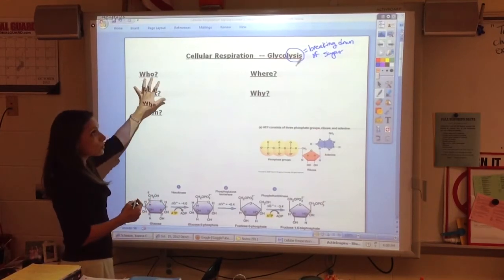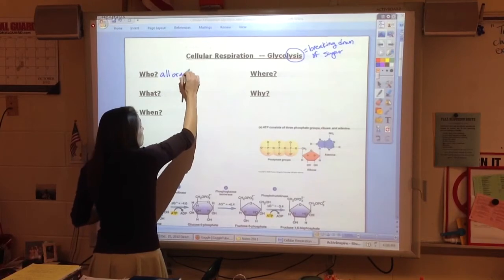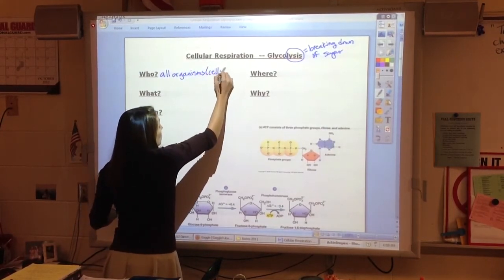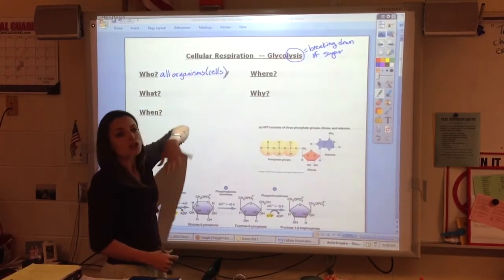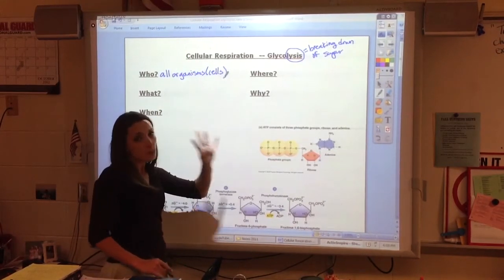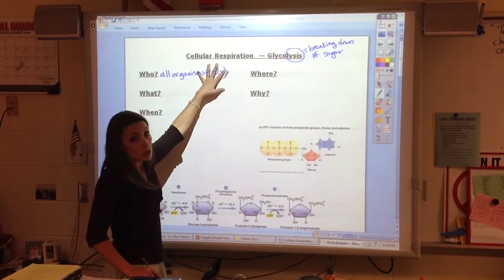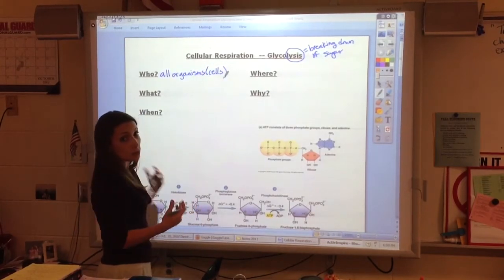And so when we start with the who, this is actually something that all organisms and really all cells perform. All cells perform respiration. Respiration is really going to come in 4 main stages, but all organisms will use glycolysis. So even bacteria will use glycolysis.